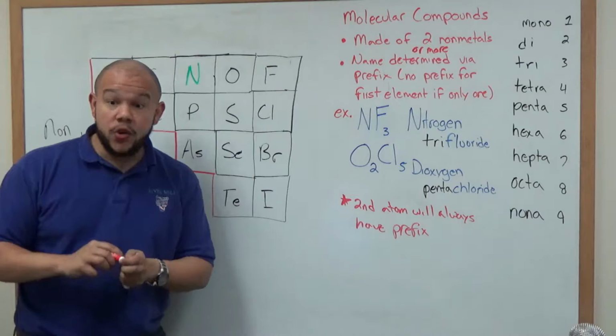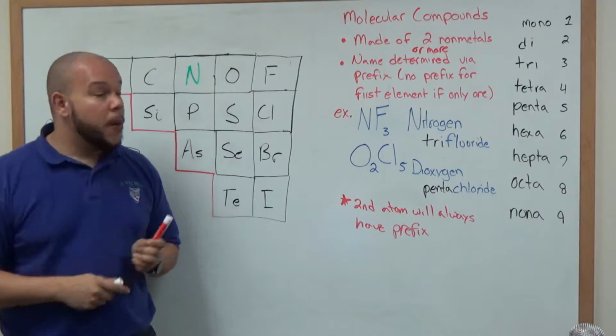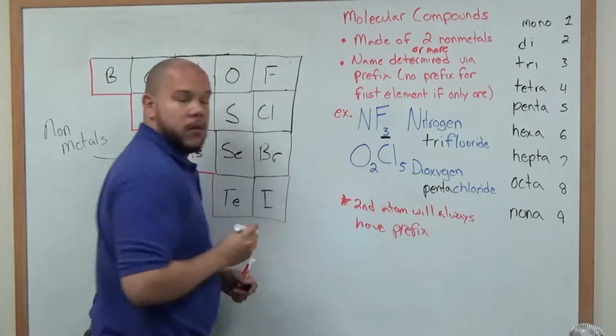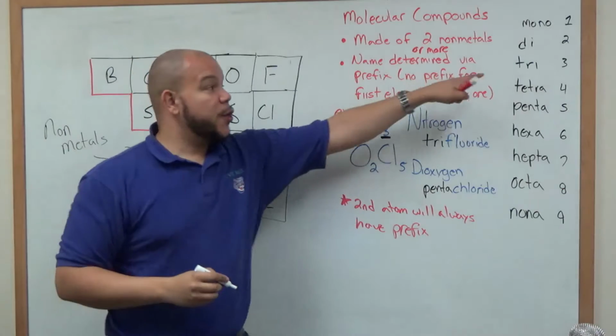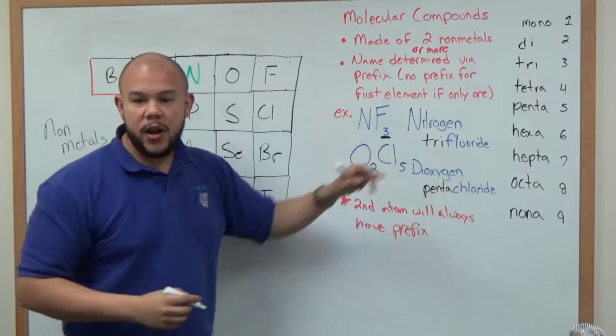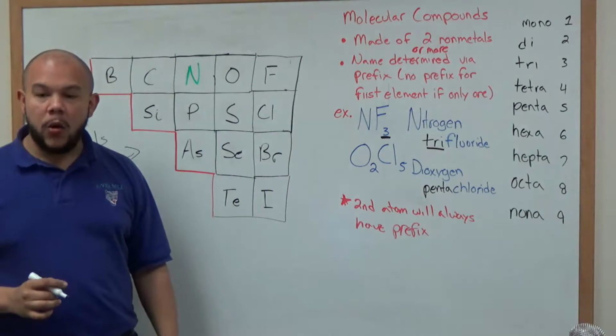Regardless if it's 1, 2, 3, 4, 5, 6, so on and so forth. Always have a prefix. So, because we have 3 atoms of fluorine, then we need to look at the 3 prefix, and you see that I have written here in a different color, tri. T-R-I. So, that's the second step.